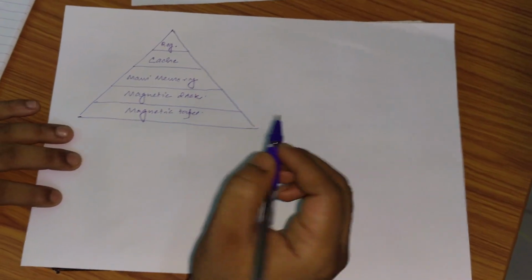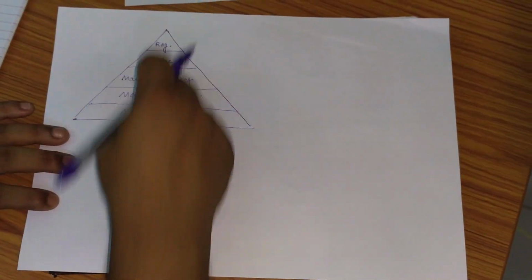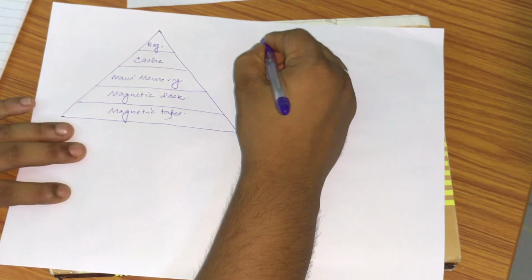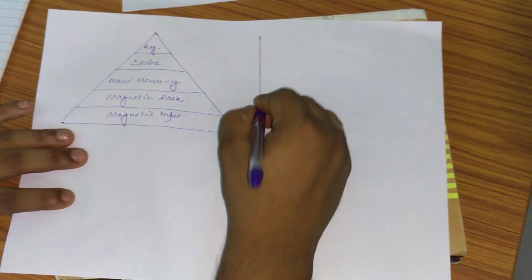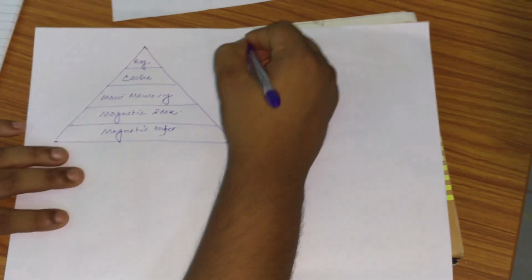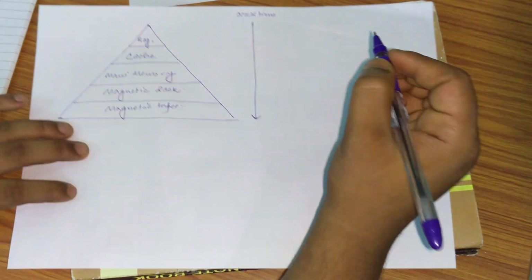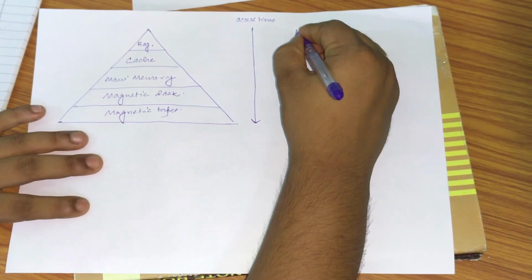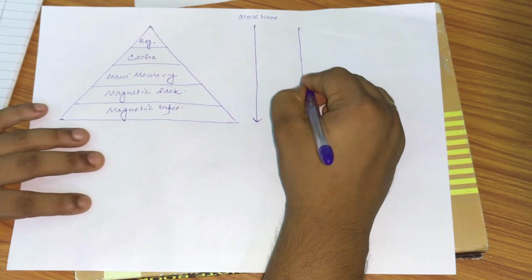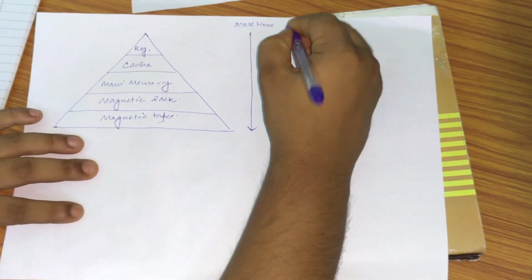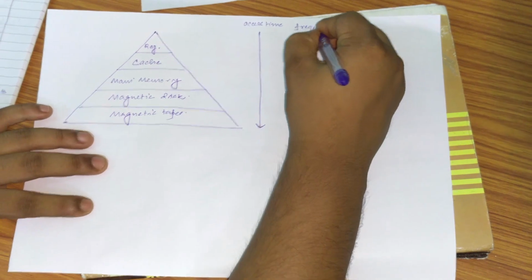So as we go down this pyramid, the access time increases. If we go upward, the frequency increases.